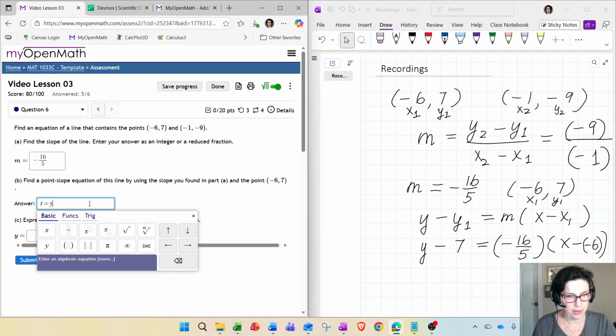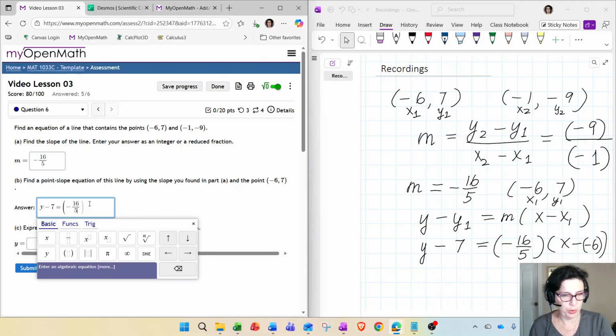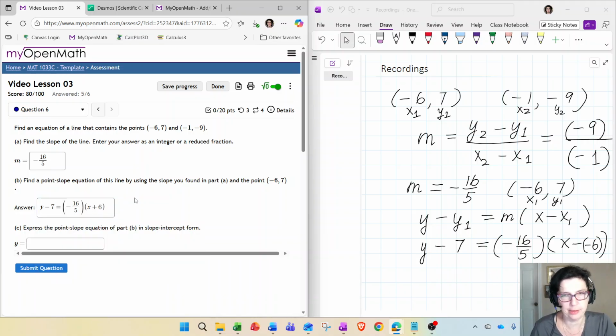So y minus 7 equals -16/5. I'm using the slash on my keyboard where the question mark is, but you can use this one right here. And then we're going to put parentheses. Now, whenever you see that minus, just convert it to a plus. You don't have to, but you should get used to that.